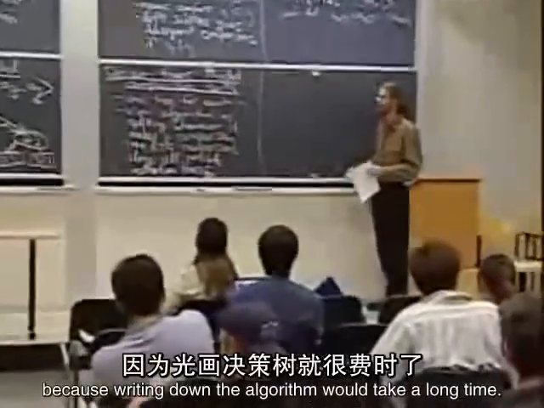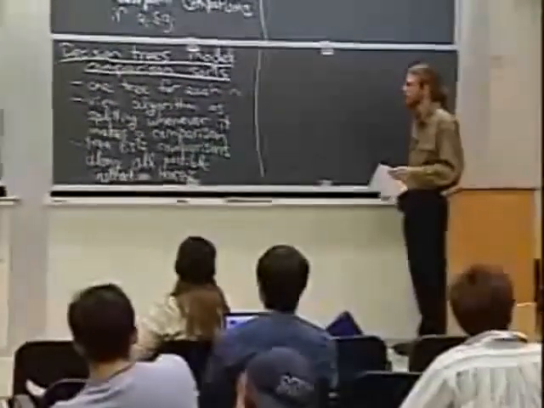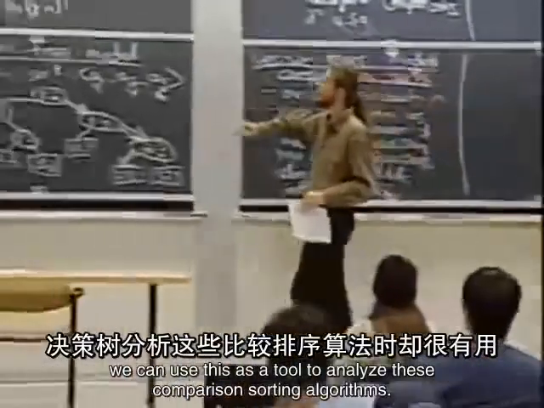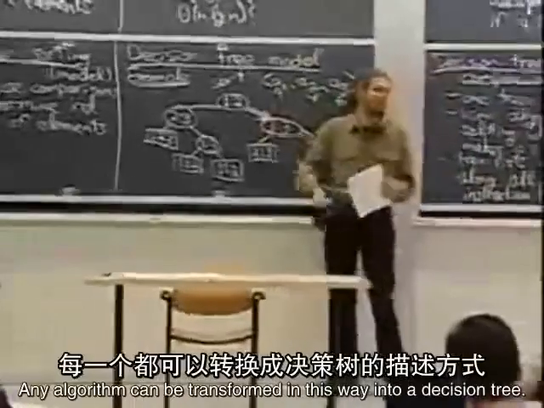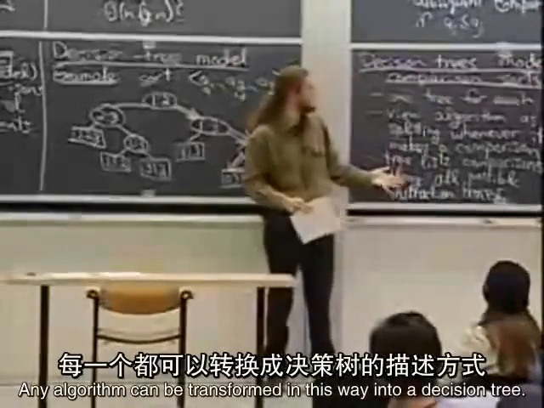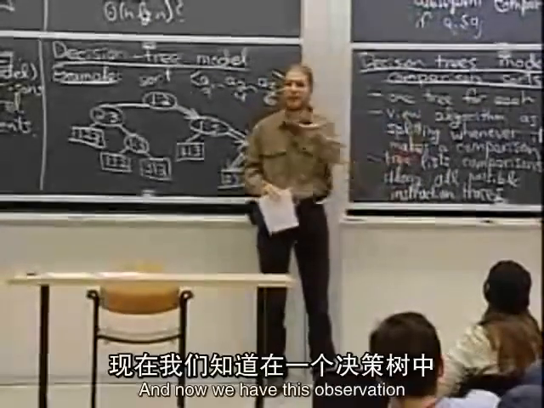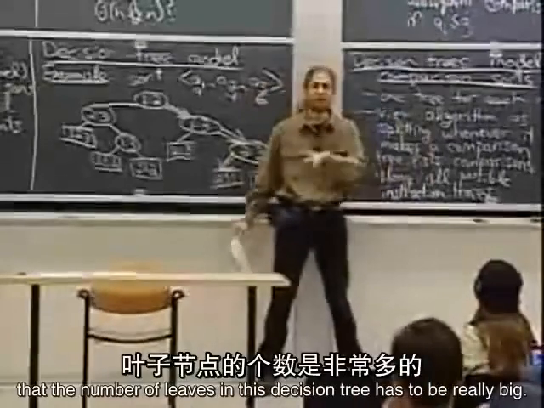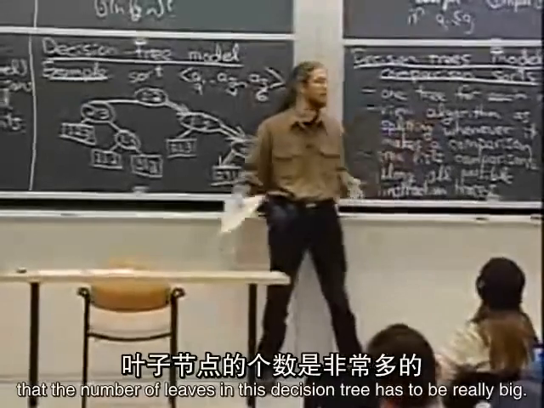So writing down the algorithm would take a long time. Okay, but nonetheless, we can use this as a tool to analyze these comparison sorting algorithms. Any algorithm can be transformed in this way into a decision tree. And now we have this observation that the number of leaves in this decision tree has to be really big.